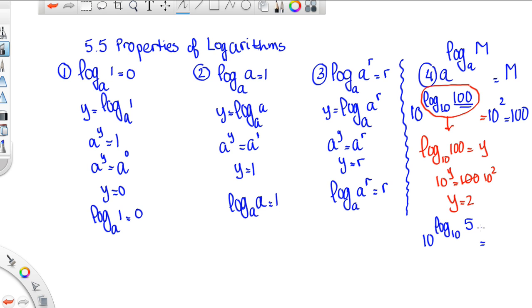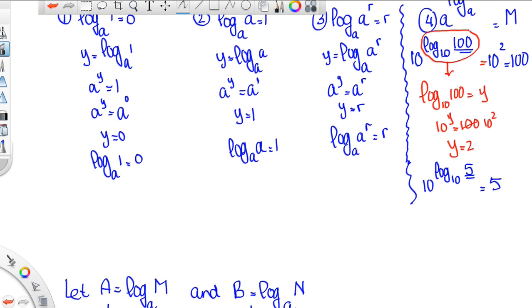Well, I don't really know what that is. It's not a half, right? Because that would be the square root of 10. But it's a number. So whatever number that is, it's less than 1. If you shove it then on 10, you should get 5 back. So this does work for anything that is given to you. So as long as these bases are the same, then you know that you get this as your answer. Okay? Alright, next set.